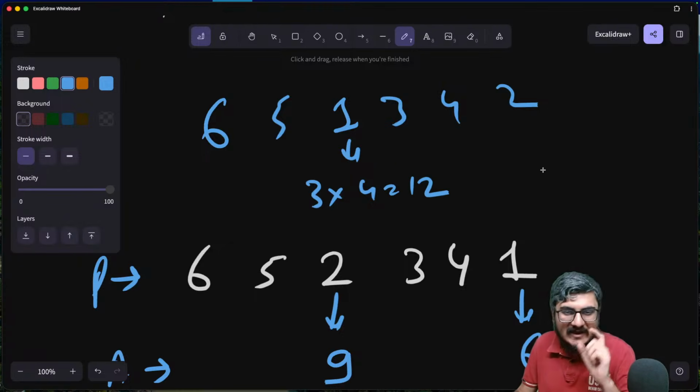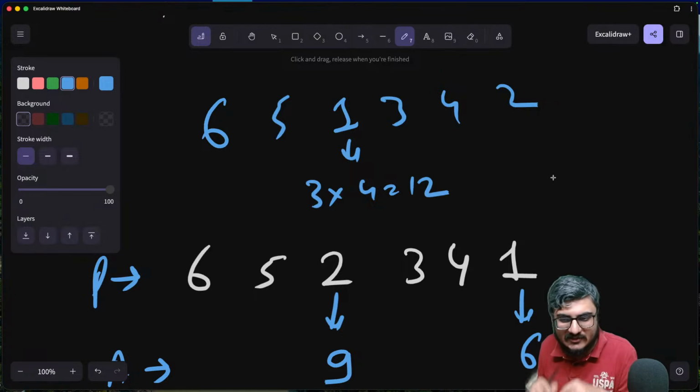So the correct way to find 1 is to look at all the segments that this element passes through. If that count is equal to the number of segments where this is the minimum, then that is where we are, because 1 is the minimum of all the segments. So you need to count the number of segments that pass through a particular index.